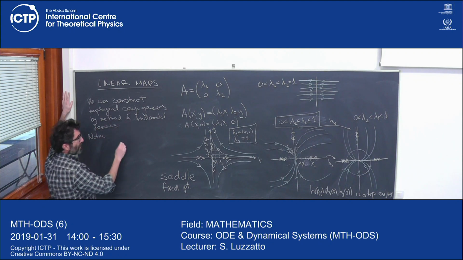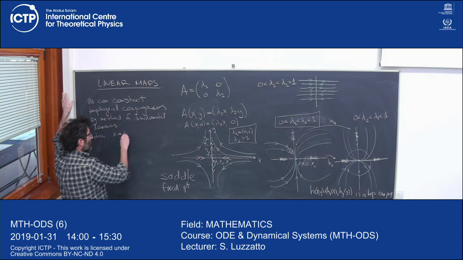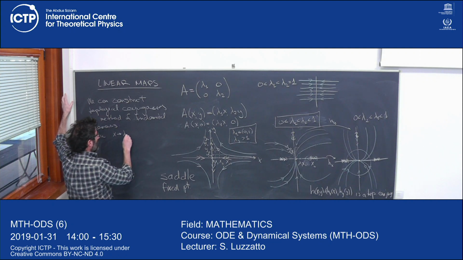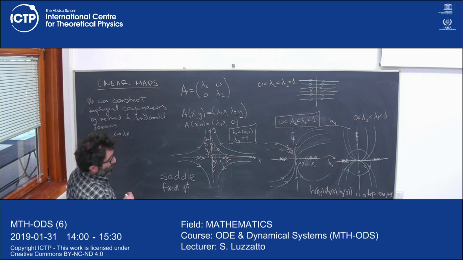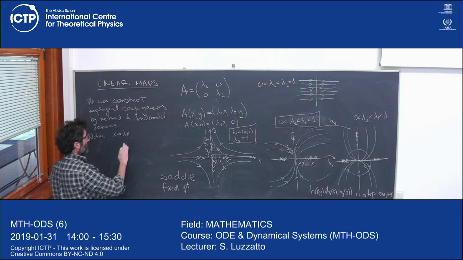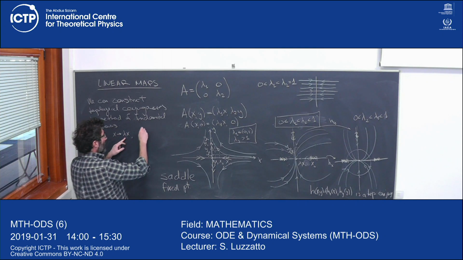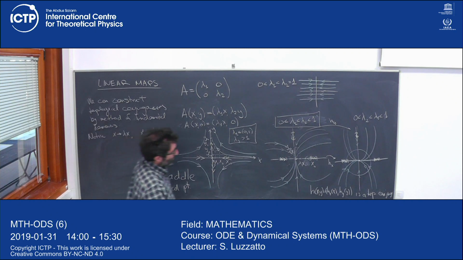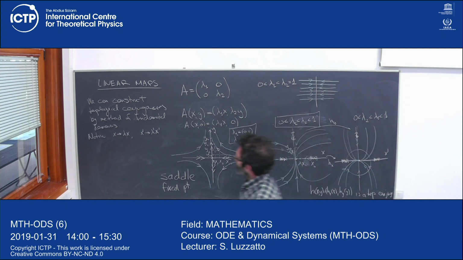But just notice that if you have two one-dimensional linear maps, x goes to lambda x, and x prime goes to lambda prime x prime, I'm using two coordinates here, x and x prime.